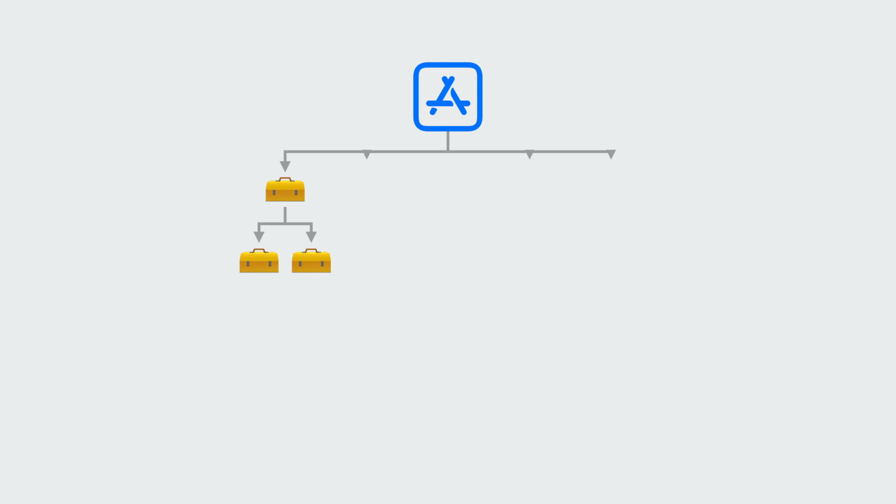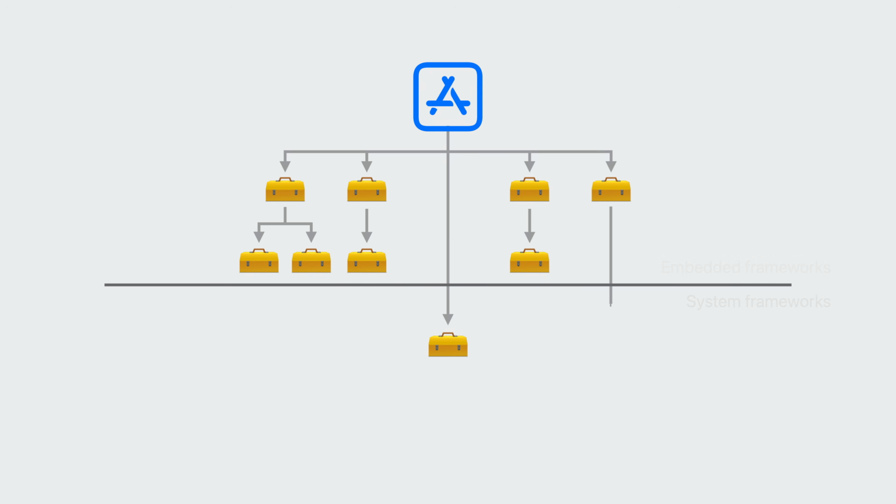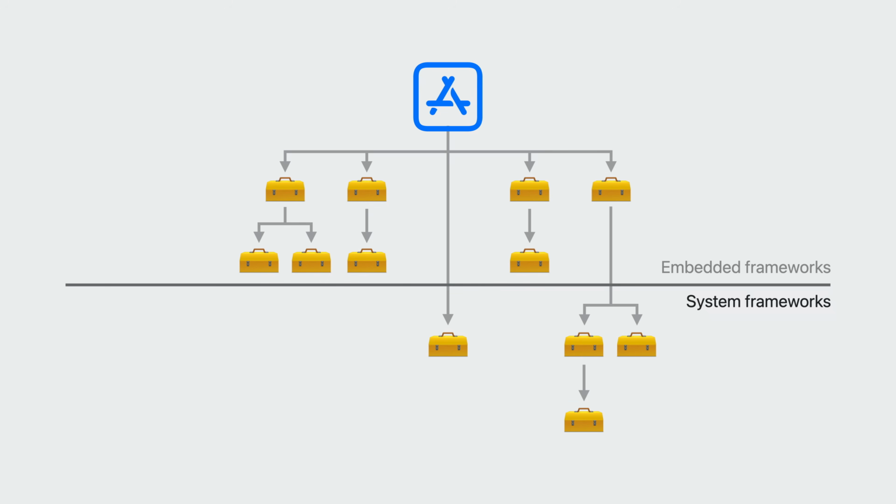As more are used, this results in a steady increase in memory consumption and app launch time. And when you factor in dependencies from the Apple SDK, apps can often load hundreds of frameworks. Our platforms have heavily optimized system libraries to account for this. But this doesn't apply to frameworks that get embedded in apps.